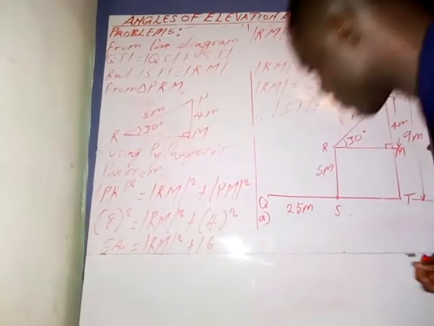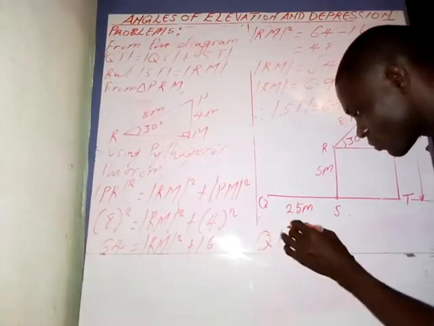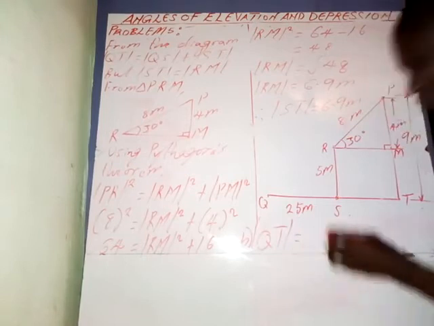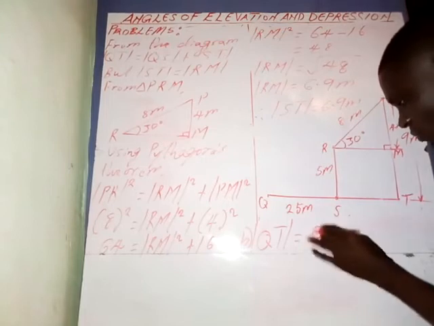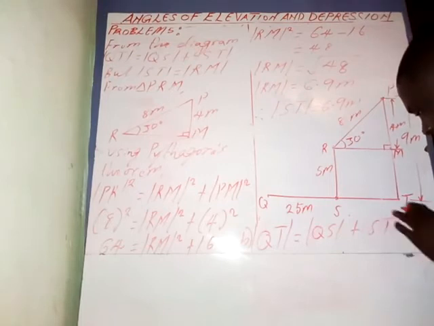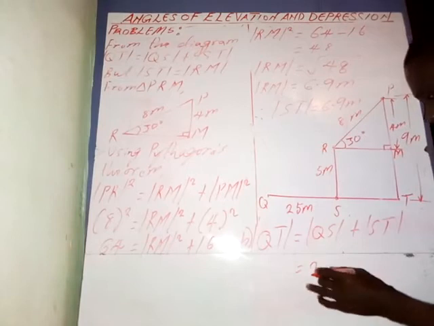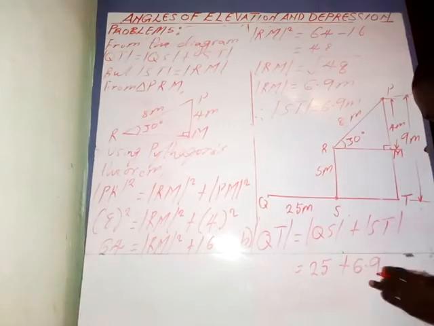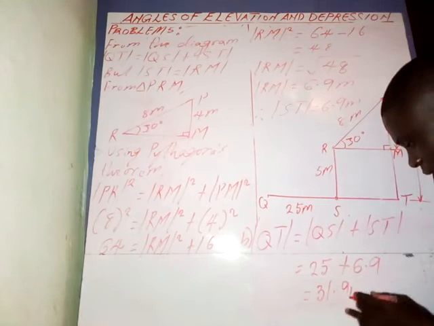So therefore we have QT now, which is question B. QT is equal to QS plus ST. I'm just repeating this. So this is now equal to, QS is 25, and ST is 6.9, and this will give us 31.9 meters.